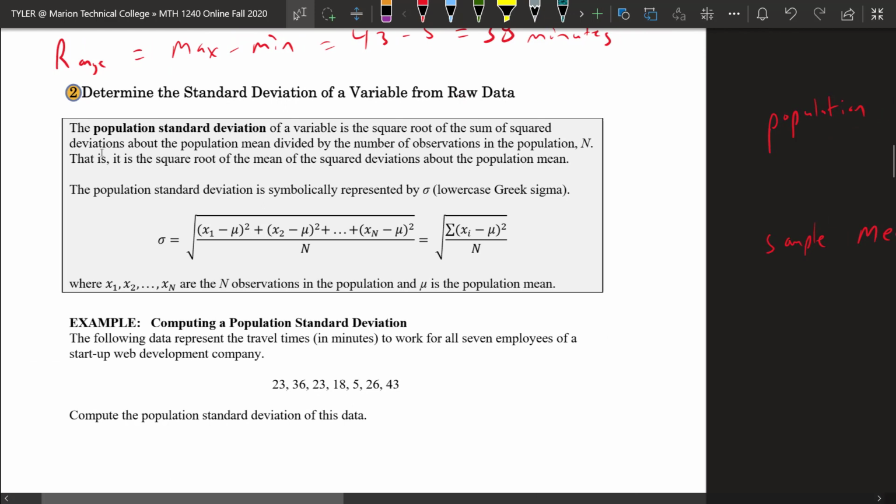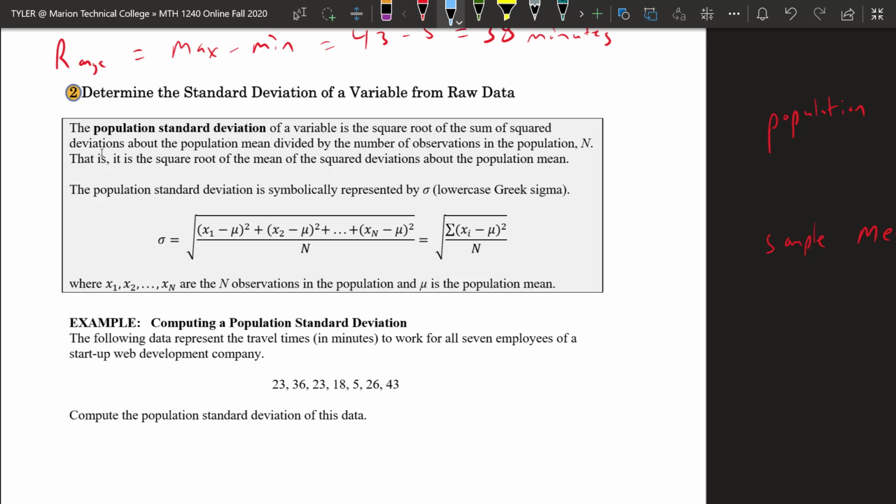So when we look at the population standard deviation, what this is looking for is the spread that's happening in the data. This is the equation for population standard deviation, and we represent this symbolically with lowercase Greek sigma.